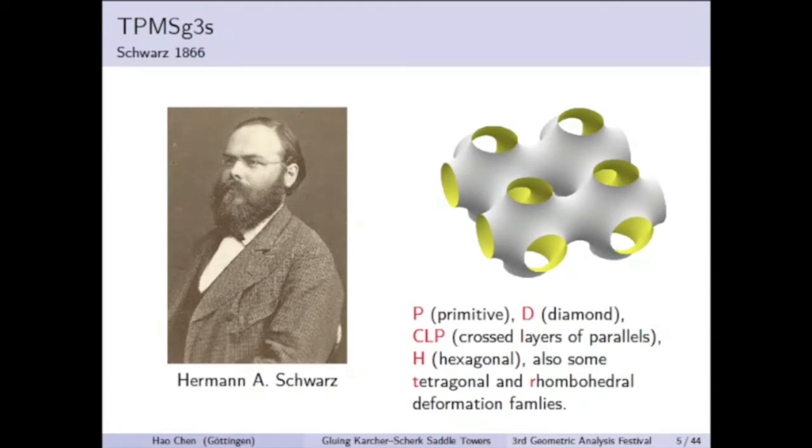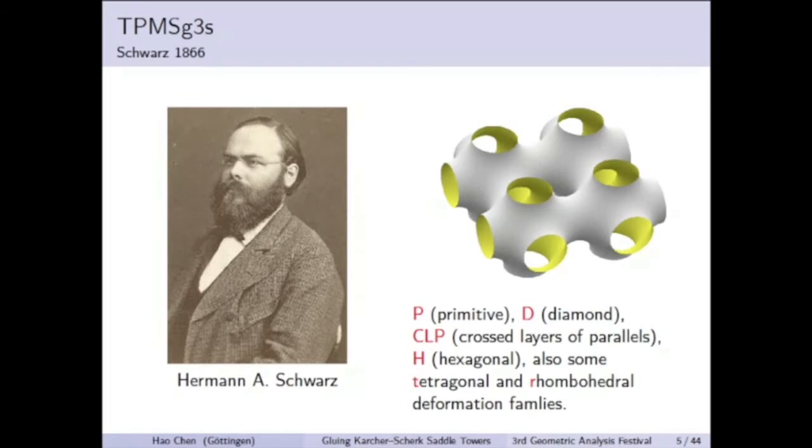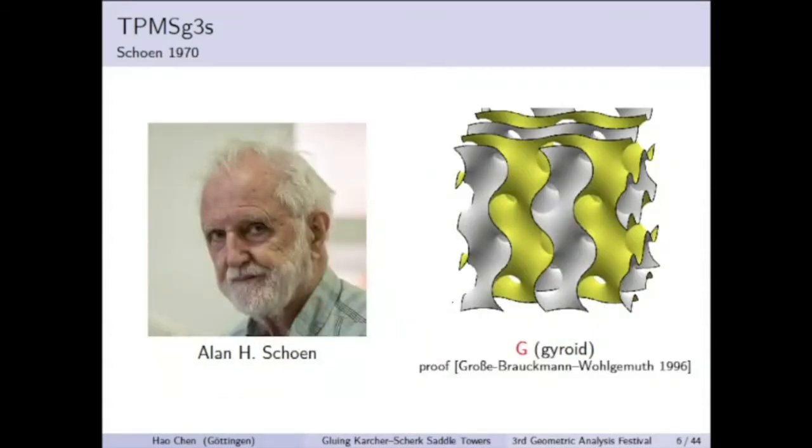Note that all Schwarz surfaces are of genus 3, the smallest possible genus. Later, a student of Schwarz constructed a TPMS of genus 9, but the next TPMS of genus 3 had to wait for more than a century until 1970.